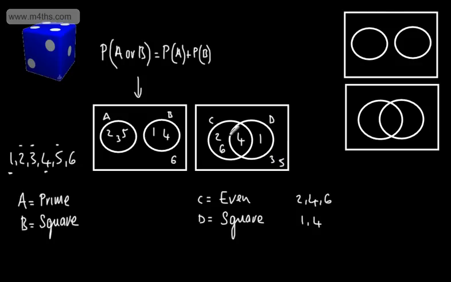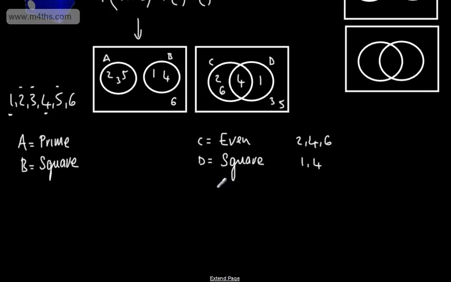If we look at this, we have an example that these are not mutually exclusive events. So if I roll that dice once, I could get an even and a square number. If we want to think about this now, let's write this out. If I wrote now the probability of an even or square, if we use the rule that we were using, we would simply add these up.